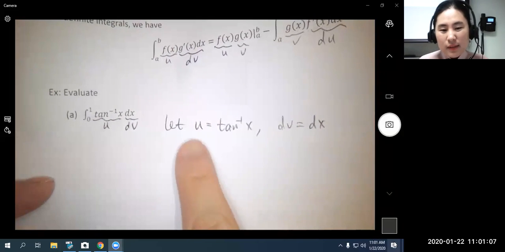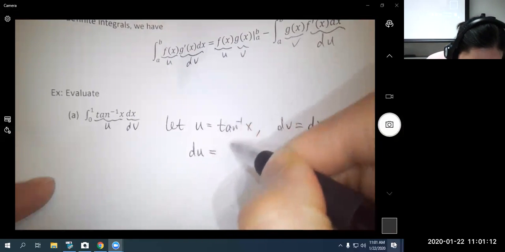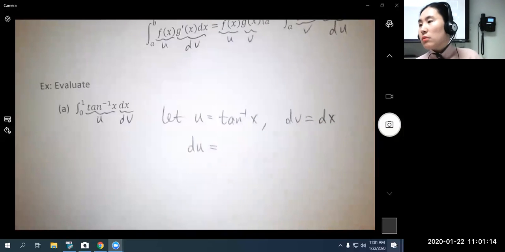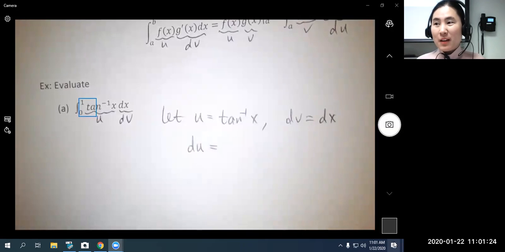All right, differentiate u. What is the derivative of inverse tangent? Do you remember? If not, check the table. Inverse tangent, what is the derivative? Anyone know? 1 over the square root of 1 plus x?